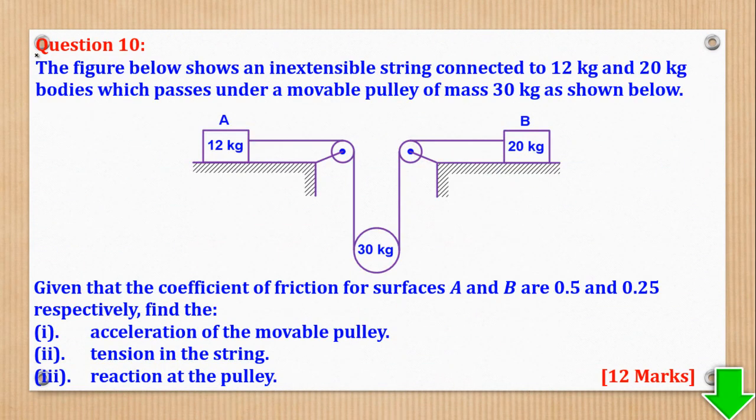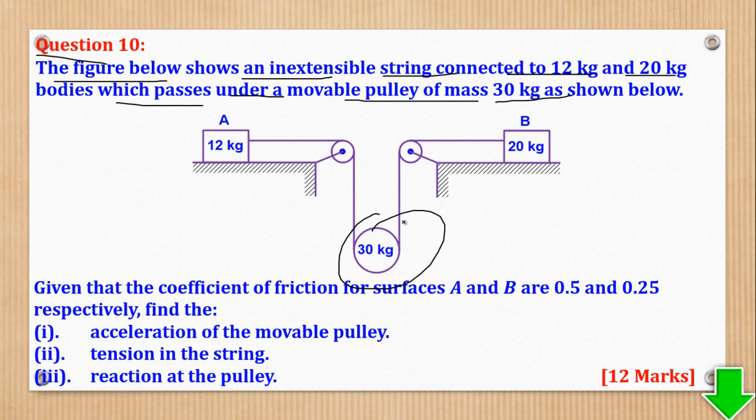Then question 10 says, the figure below shows an inextensible string connected to a 12 kilogram mass and a 20 kilogram mass, which passes under a movable pulley of mass 30 kilograms, as shown below.